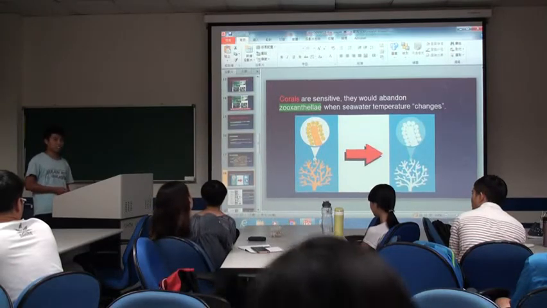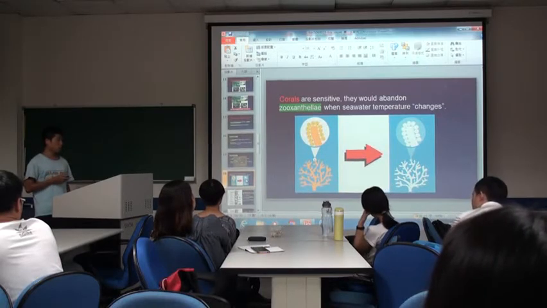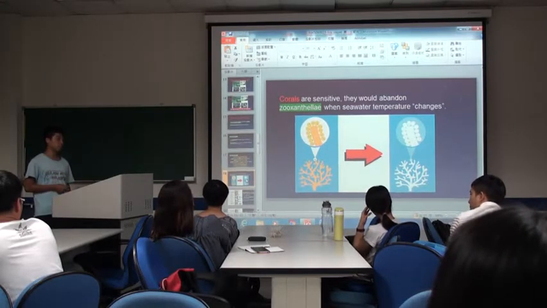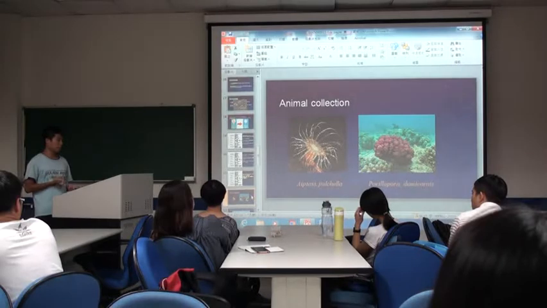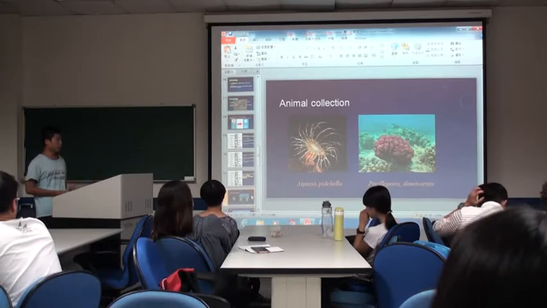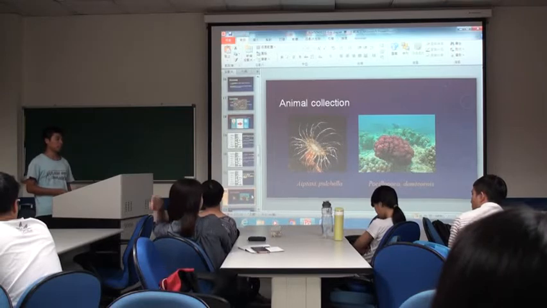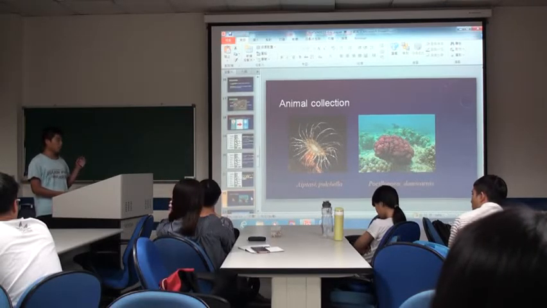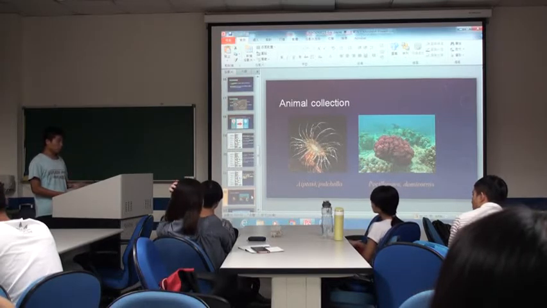I think the temperature ranges from 21 to 27 degrees Celsius, because the corals and anemones habitat temperature is from 21 to 27 degrees Celsius. So if the temperature is higher than 27 or lower than 21, the zooxanthellae would be released by coral.